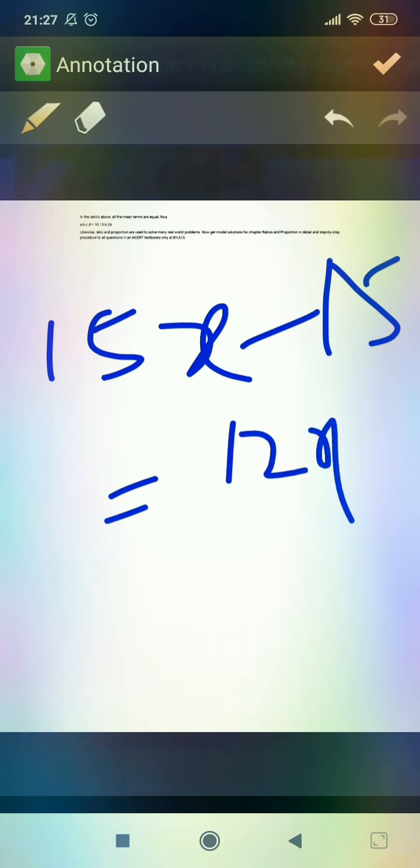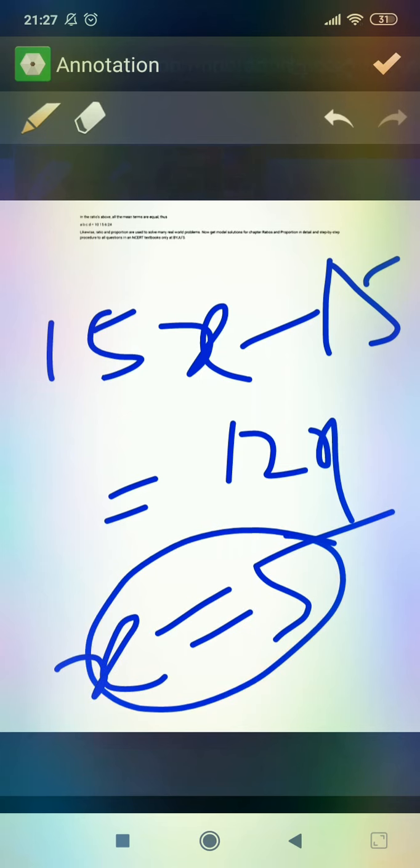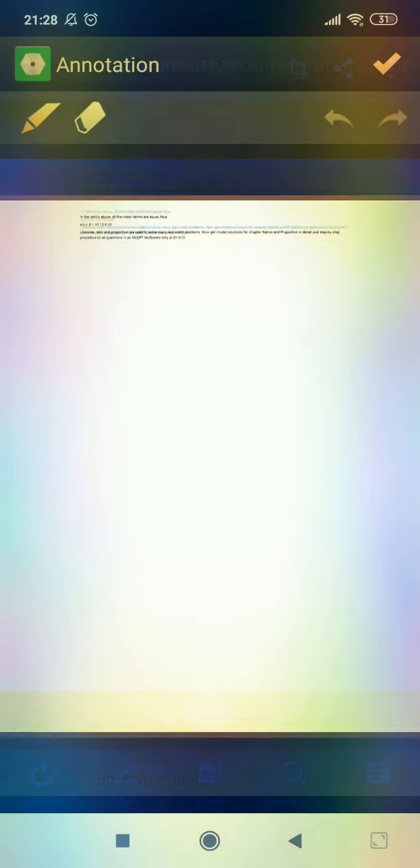Simplifying, how much will you get? x is equivalent to 5. How do you get it? 15 minus 12, 3x. 3x is equivalent to, transposing 15 to the right side, gives plus 15. 3x is equivalent to 15. Then x is equivalent to 5. So, they asked in the question the marks scored by B and C. How much is the x value? 5.